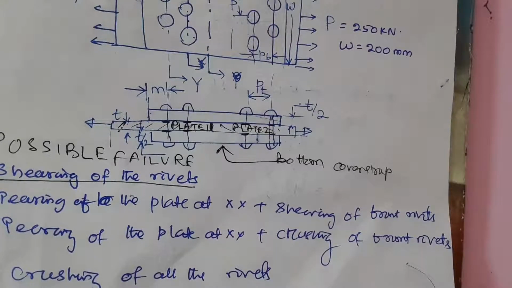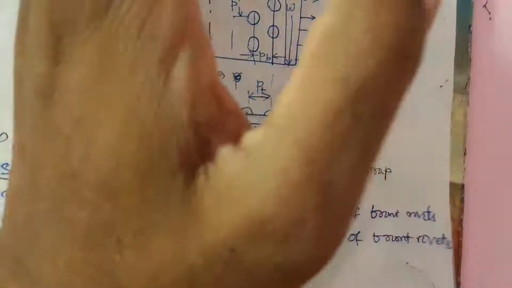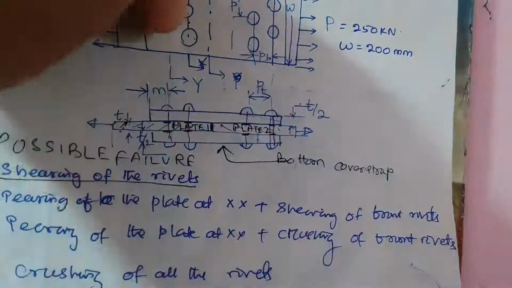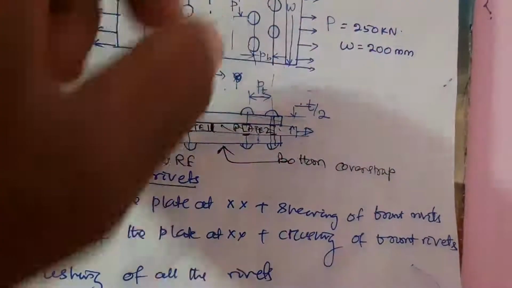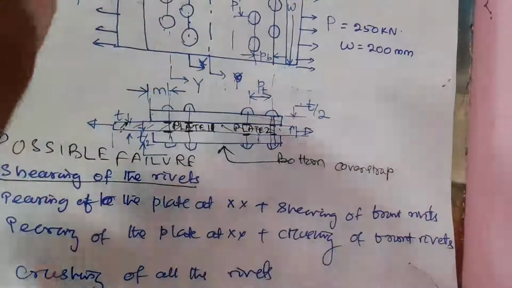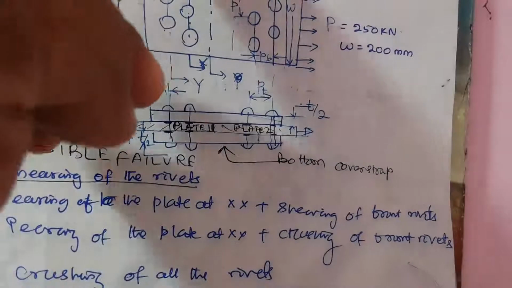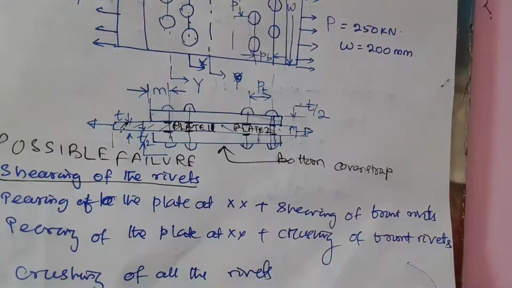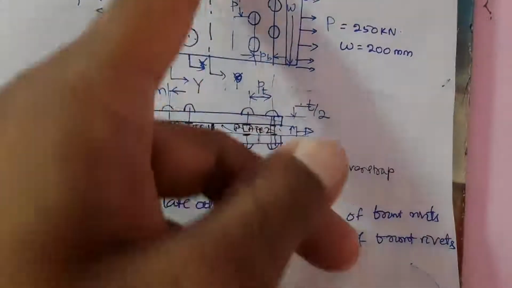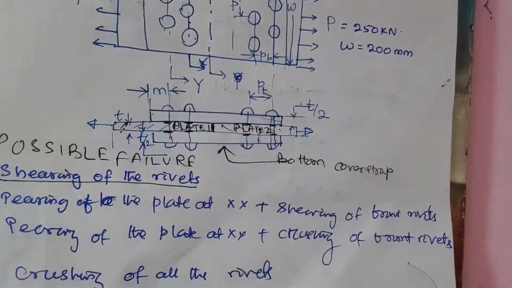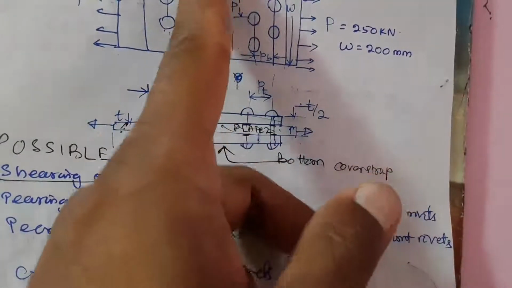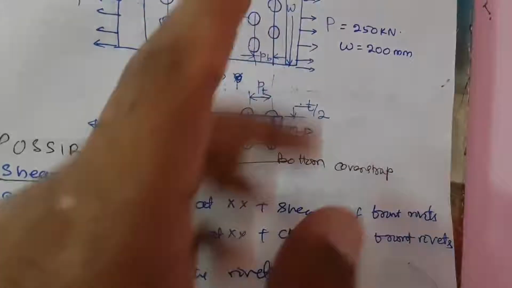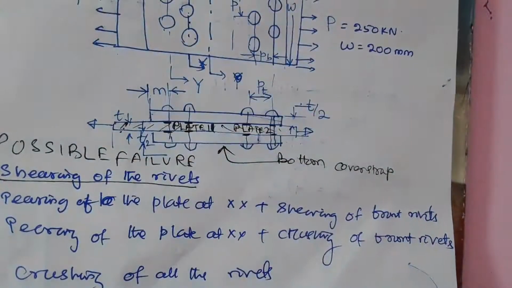Second, it may have failure at this location, or it may have failure at this location. Failure at this location means tearing of the plate at this location, and tearing of the plate at this location. So if I say this is XX section and this is YY section, it will be tearing.